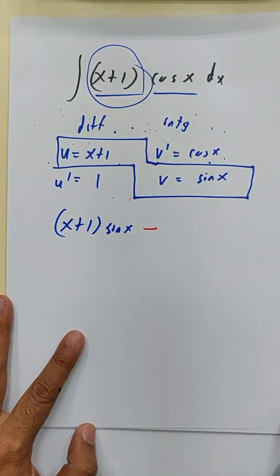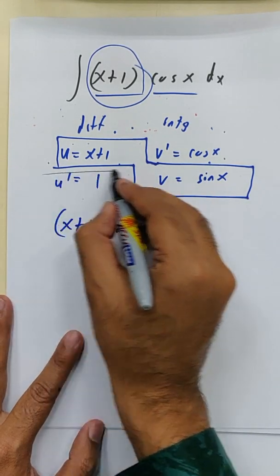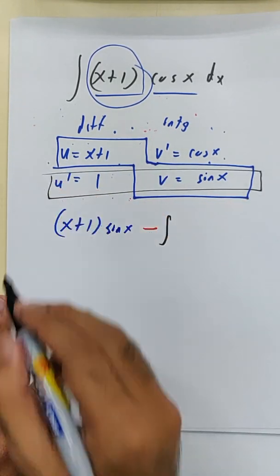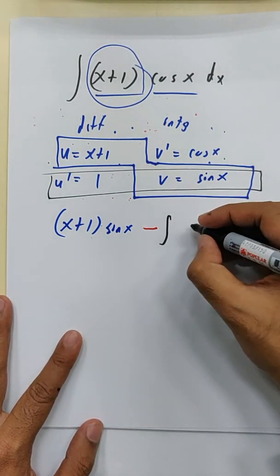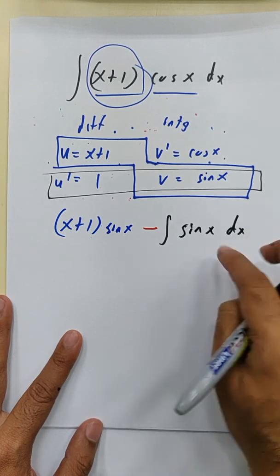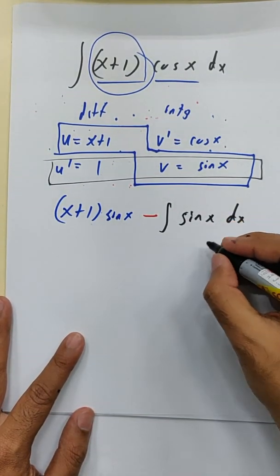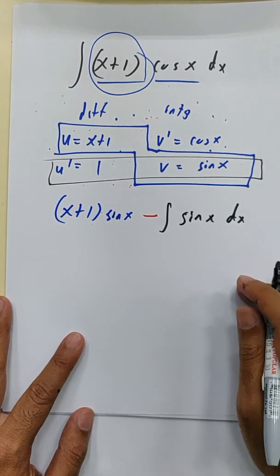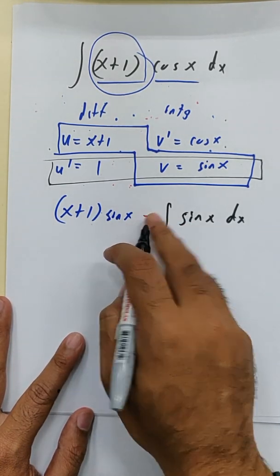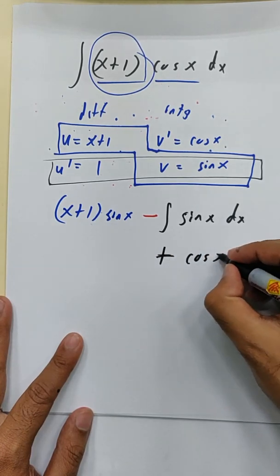And then I integrate what? 1 times sin x. Integrate sin x, negative cos. Negative, negative, positive cos x.